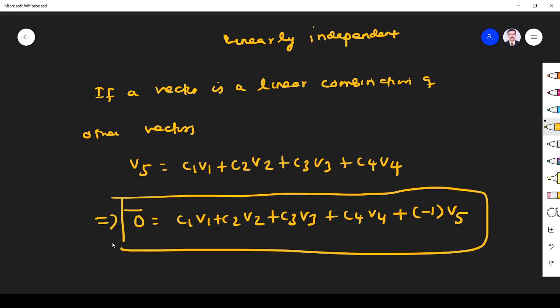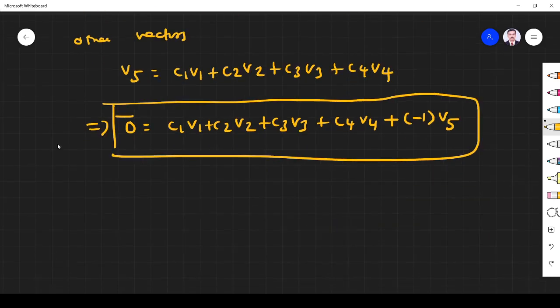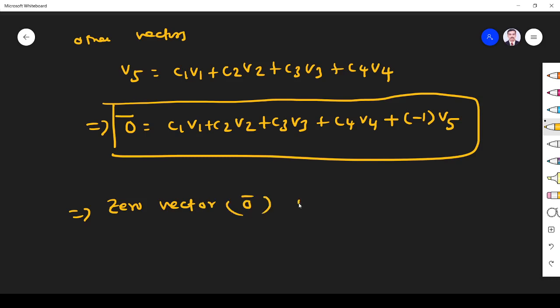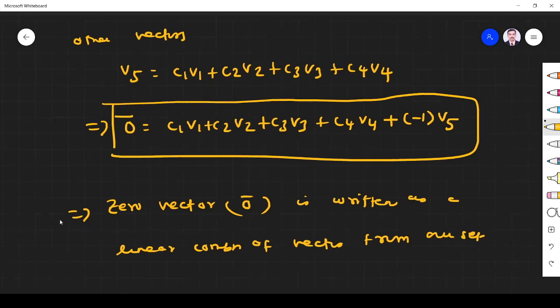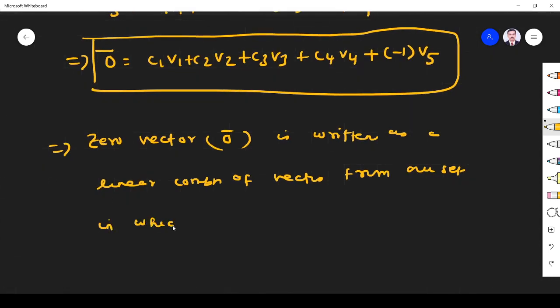Why is it very important? Here the zero vector is written as a linear combination of vectors from our set, in which at least one coefficient is non-zero.